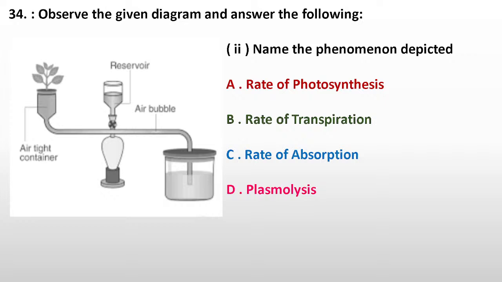So tell me, which is the phenomenon which has been depicted in this particular diagram? And the correct answer for this question is B. This is depicting the rate of transpiration.